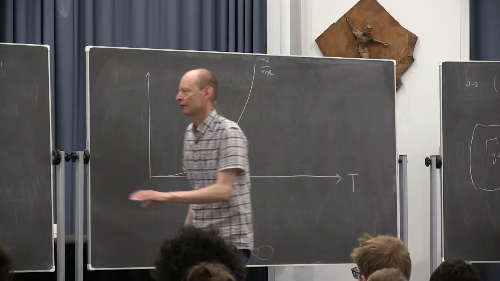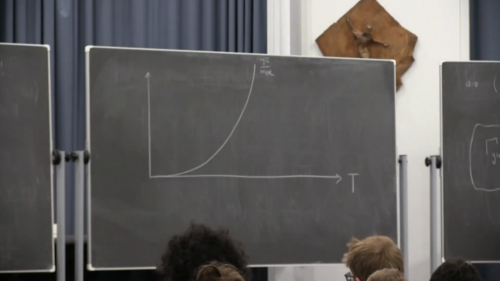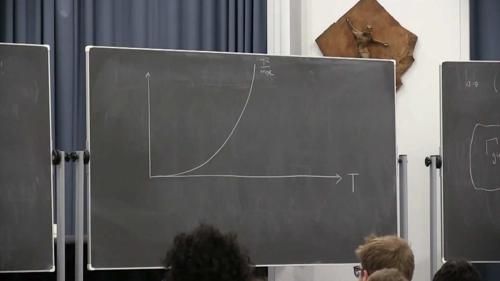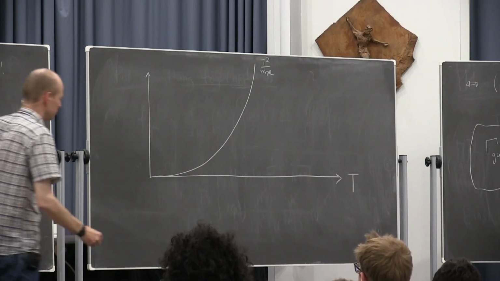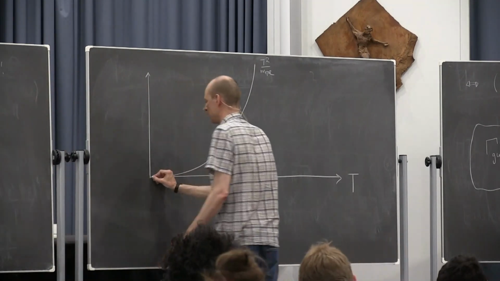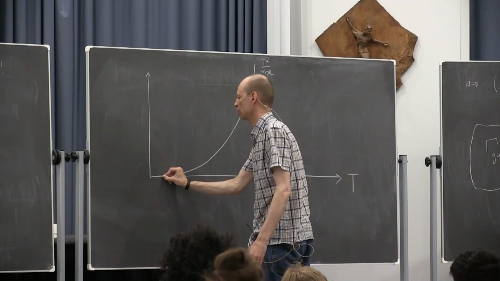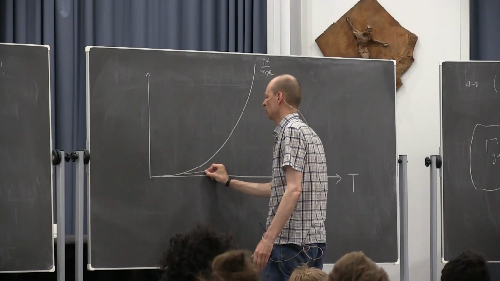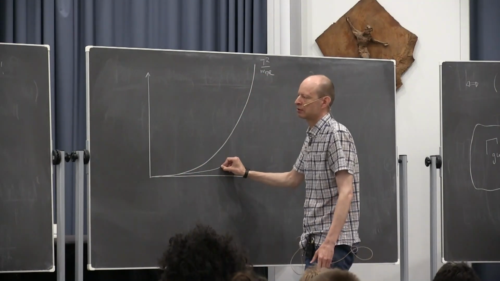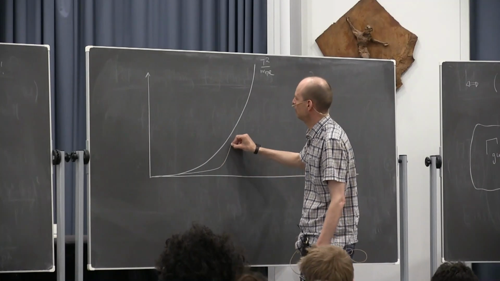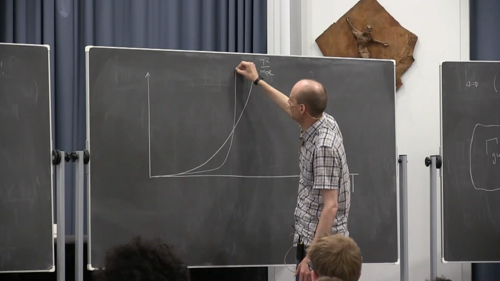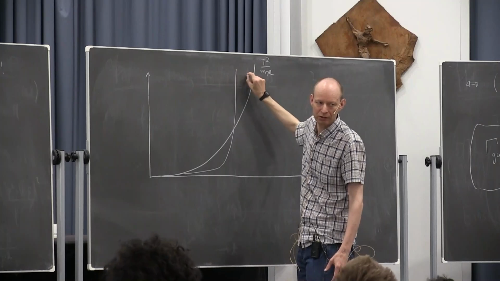And this rate here is a higher power, T cubed. So it grows more slowly at small temperatures, but then at some point it starts growing faster. And at some point this Gamma becomes larger than the Hubble rate.